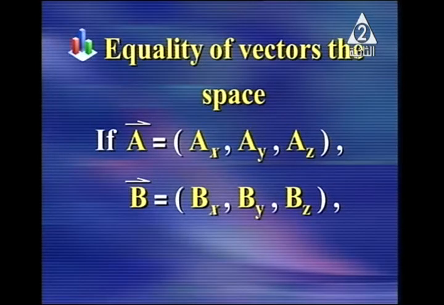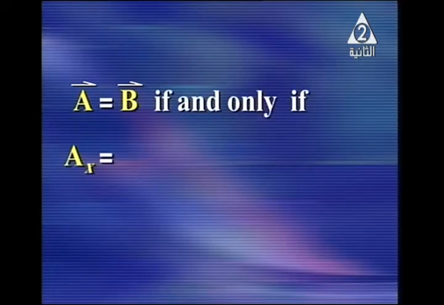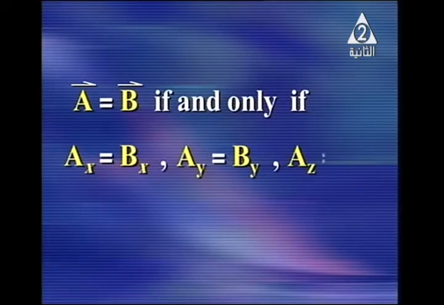A vector equals B vector when the component of X in each one, the component of Y in each one, and the component of Z are equal. Therefore, A vector equals B vector if and only if AX equals BX, AY equals BY, AZ equals BZ.